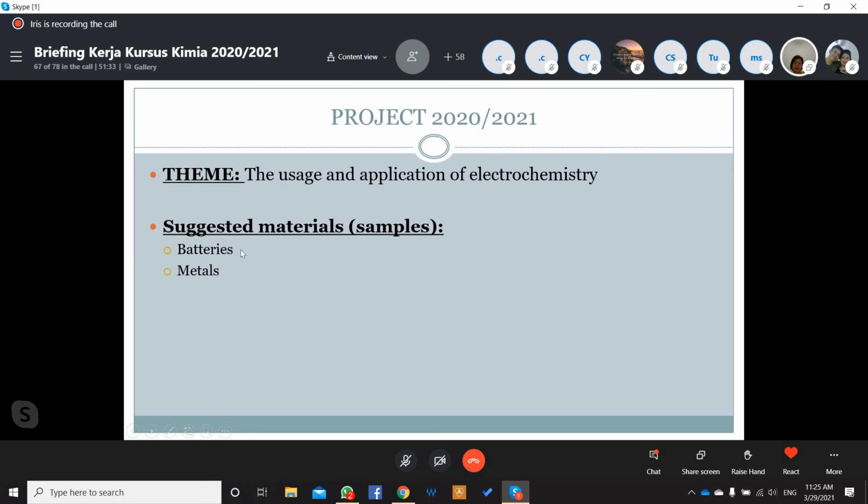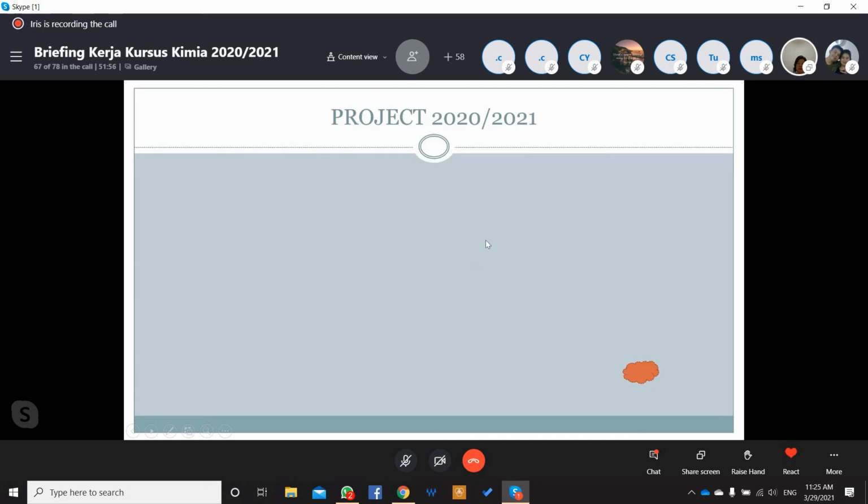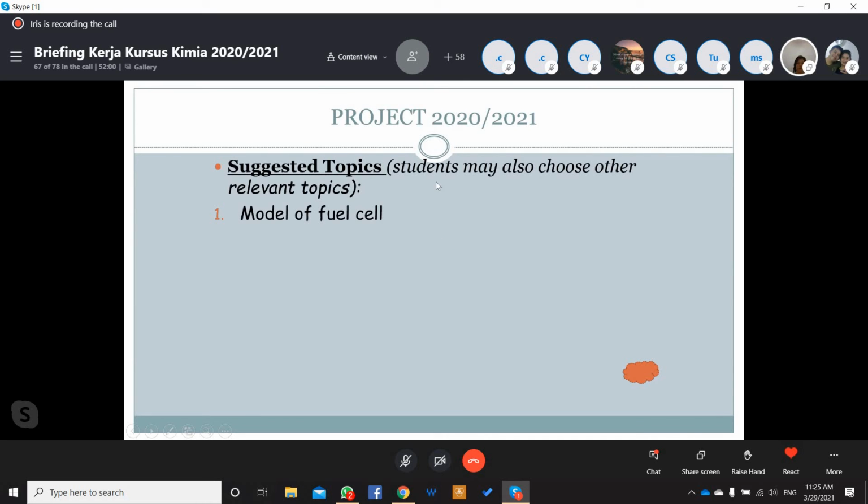The old battery that is spoilt and cannot be used, whether car battery or ordinary battery, or metal, maybe your spoon that has rusted, or anything you have in mind, electrodes, alloys in the house, around the house, thermoplastic polymer, all those plastics. So those are the items that can be used.